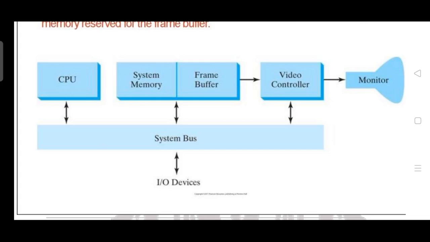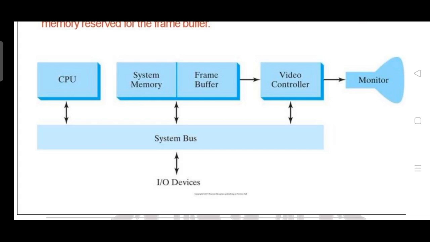As you can see here, the CPU connects to the system bus and hence to the IO devices, and again the system memory is also connected to the other peripherals via the same bus. The system bus is a bidirectional channel, you can observe.